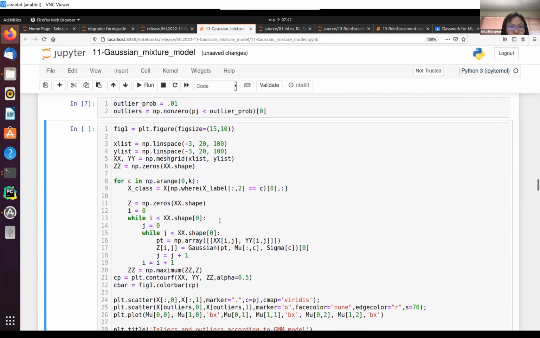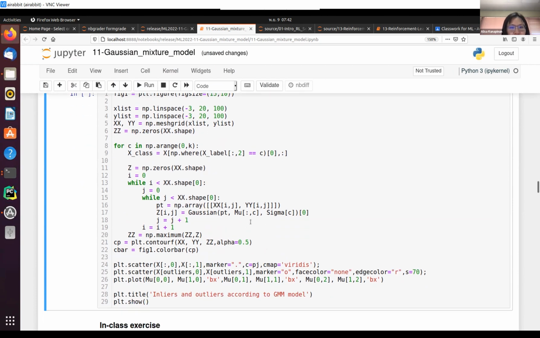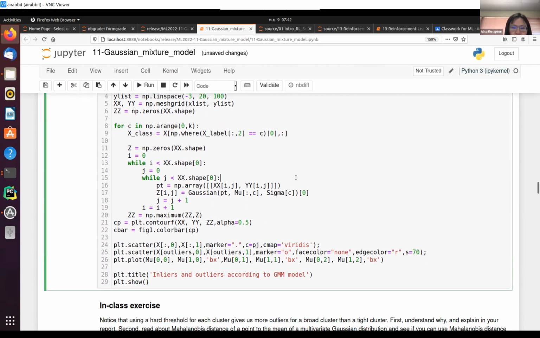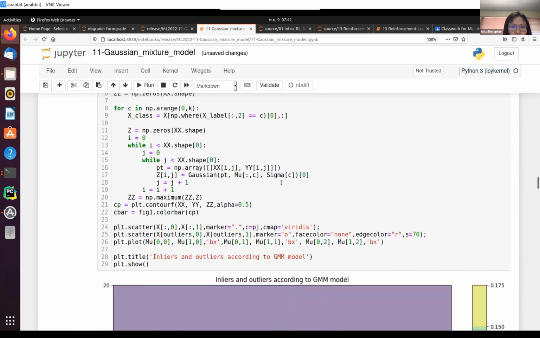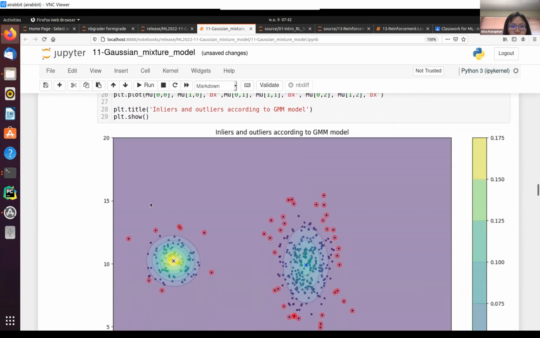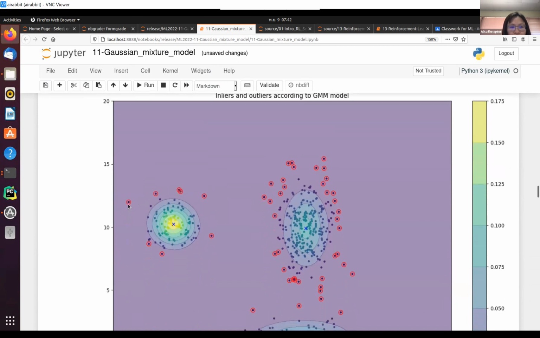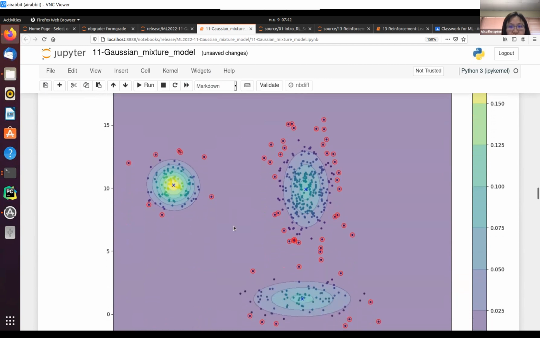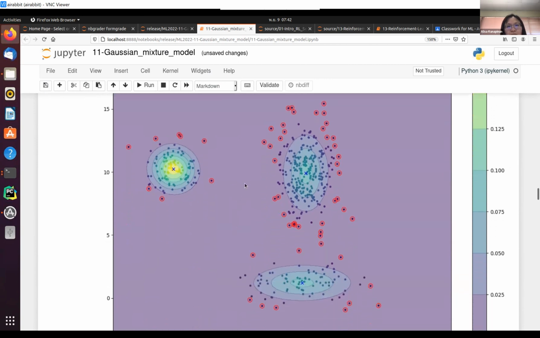Then after adding the outliers, we can check the inliers and outliers from the GMM model. Okay, so the outliers you can see in the red circle should not be calculated.